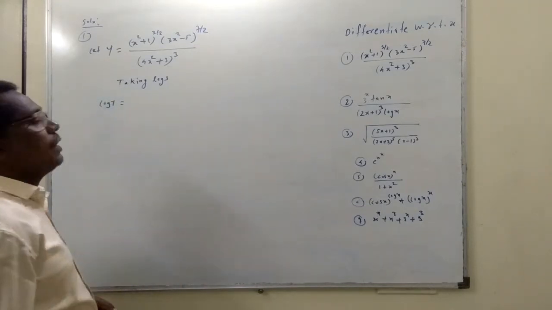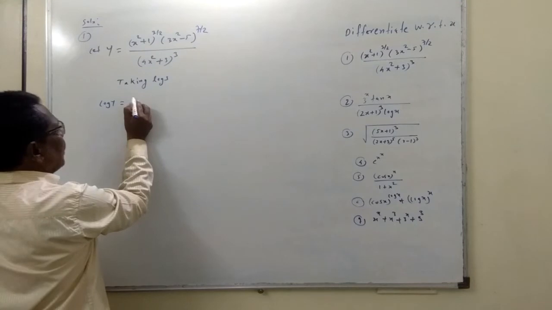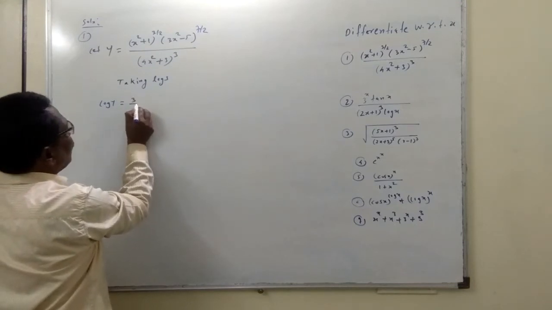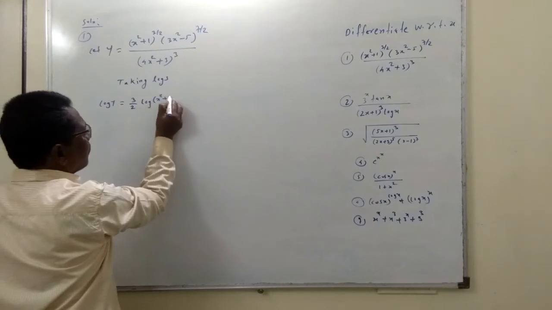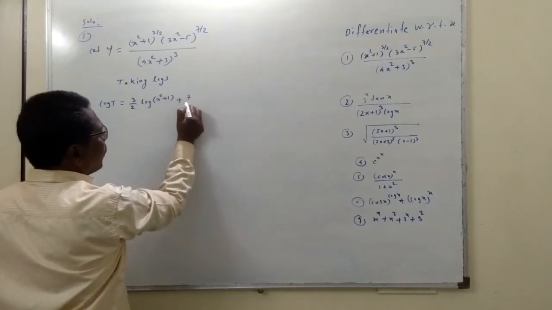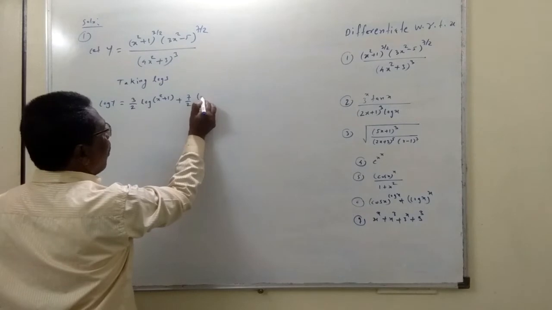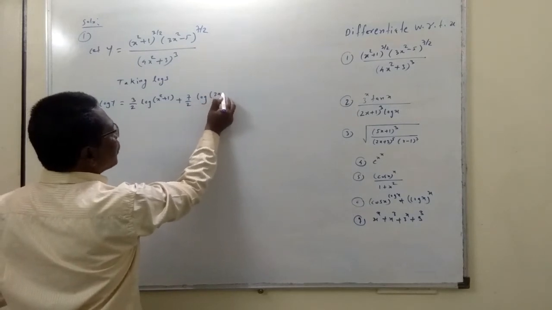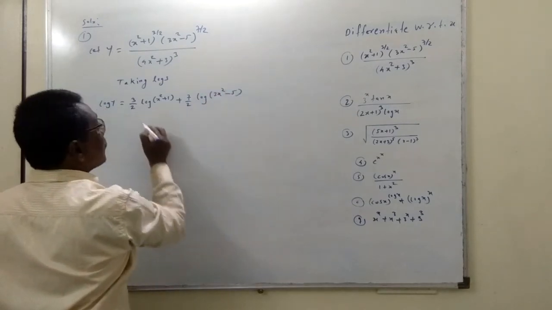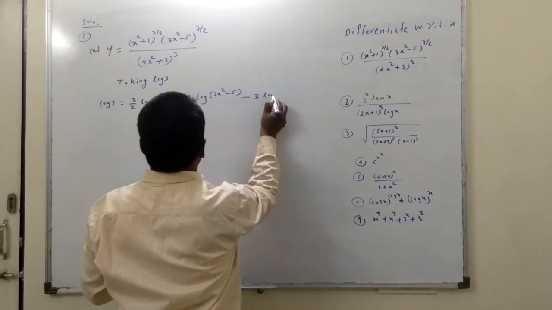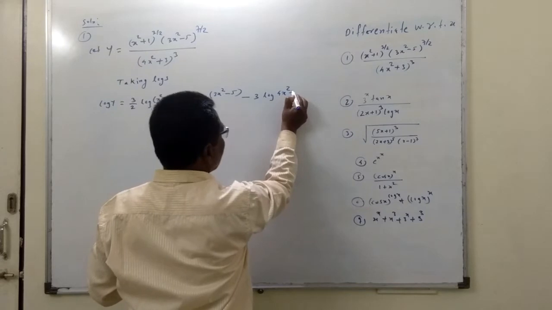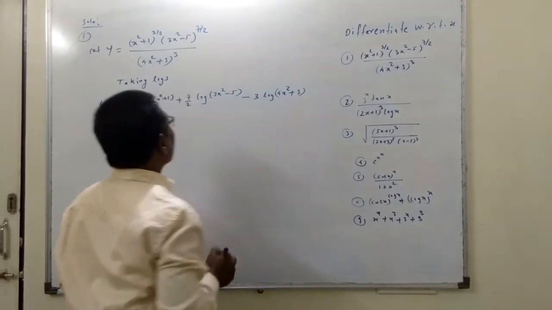There are three rules you apply directly here to reduce the time of write-up and calculation. So 3 upon 2 log of x square plus 1, plus the power 7 upon 2 multiplied by log of 3x square minus 5, division means minus, the power multiplied, 3 log of 4x square plus 3.